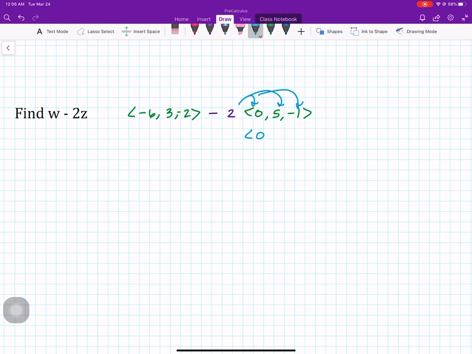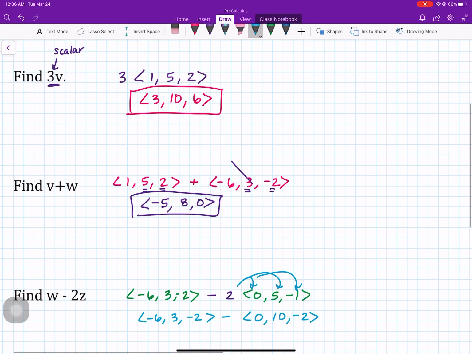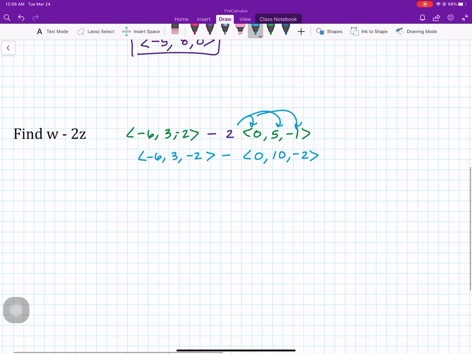But 2 times 0 is 0, 2 times 5 is 10, and 2 times negative 1 is negative 2. Still subtracting, and then we have negative 6, 3, and negative 2. Now we're just subtracting the components.